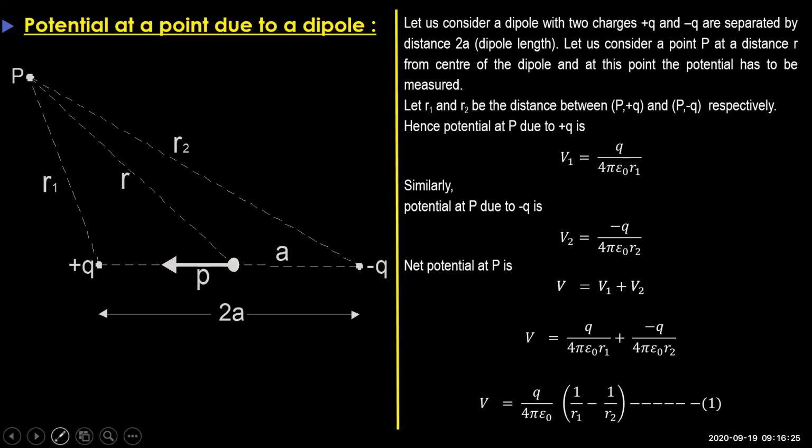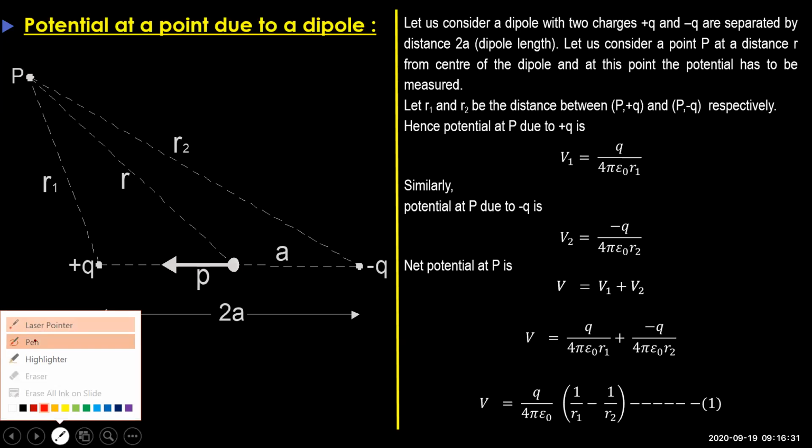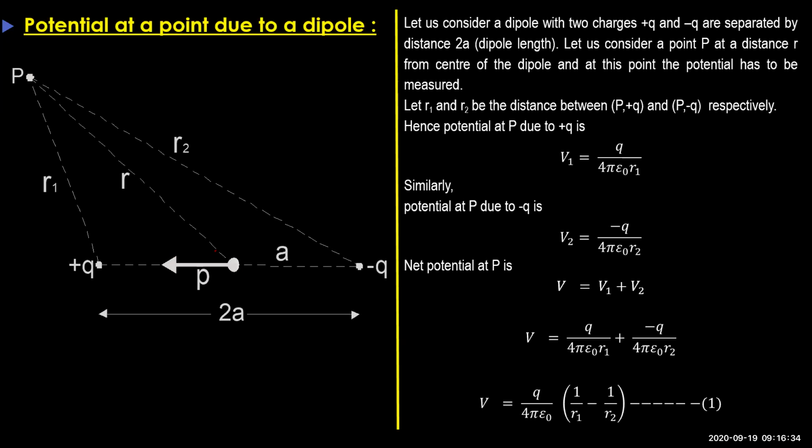Therefore, we have to focus on that angle also, as it plays a very important role. If theta is the angle here, then the remaining part is 180 minus theta. Now, we need to consider these angles also.